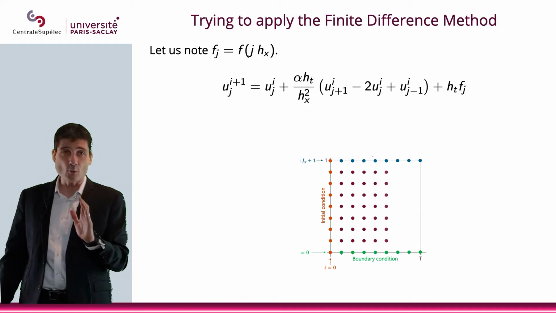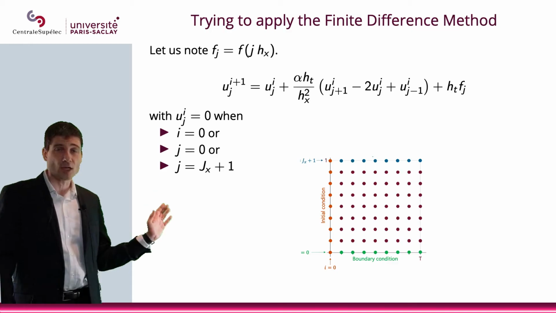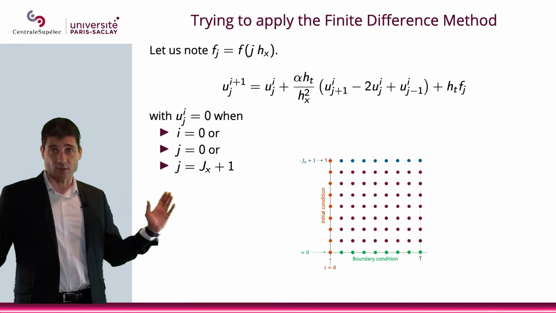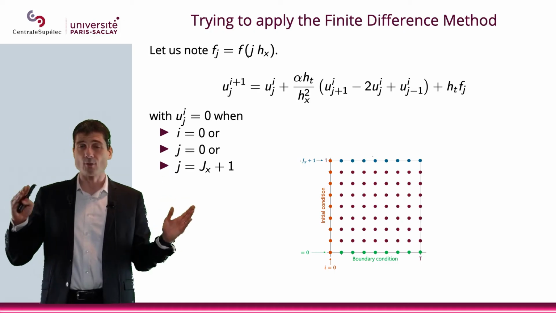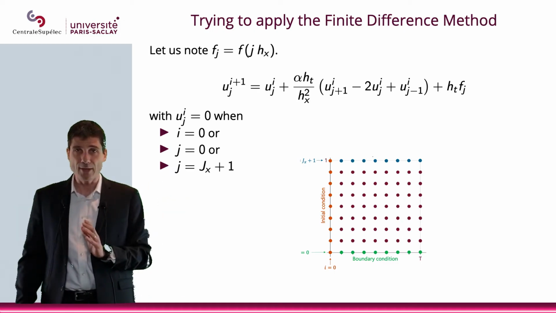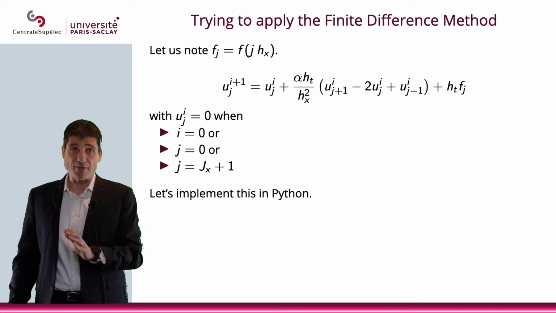Just as a reminder, I know that u_j^i is equal to 0 when i is equal to 0, and also on the boundaries, which means when j is equal to 0 or j is equal to jx plus 1. Okay, so let's implement this in Python.